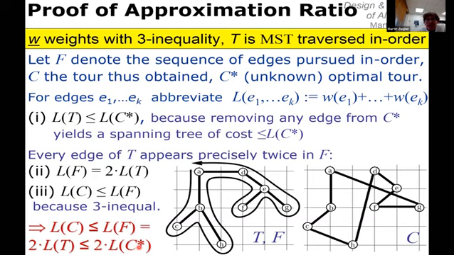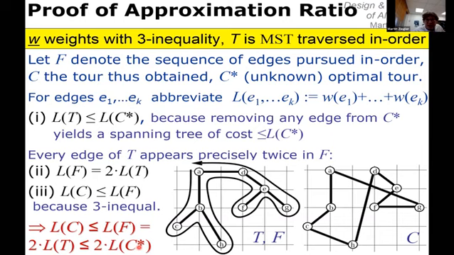And maybe we'll make a homework where you're asked to produce an example graph where actually a factor of 2 ratio is attained, which means that we cannot improve our analysis. Our analysis of Christofides algorithm is tight. One can imagine maybe better approximation algorithms yielding better approximation ratios, maybe 1.5 or whatever.